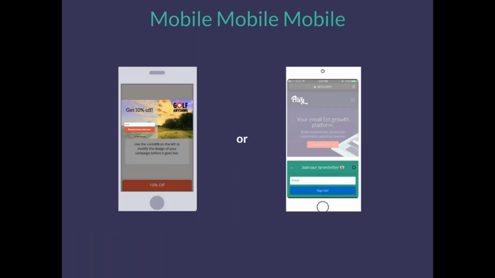And another huge consideration for design is really mobile, right? These days, over 60, sometimes over 70% of the traffic to your site is coming from mobile. So what you're seeing on the left is an example of one of our customers who hasn't really yet thought through the difference between desktop and mobile, and they're just using the same desktop pop-up on mobile.